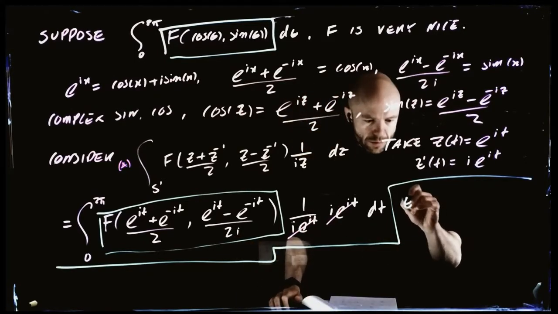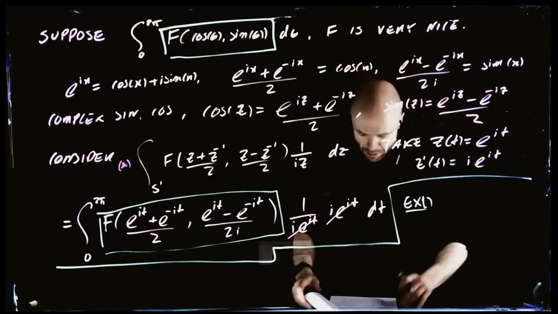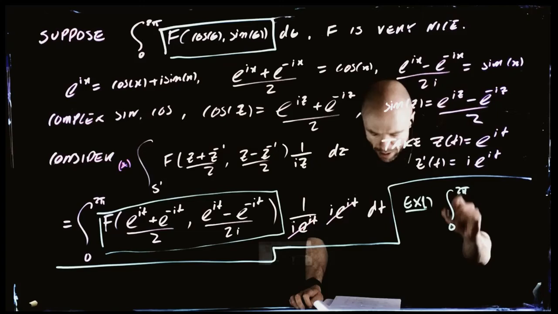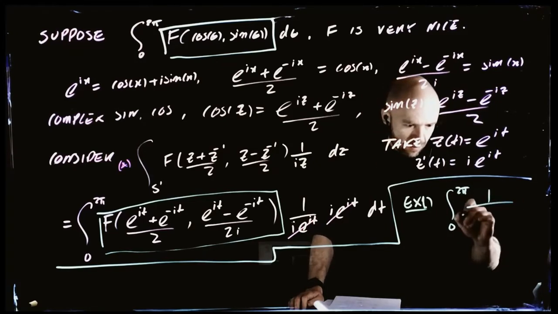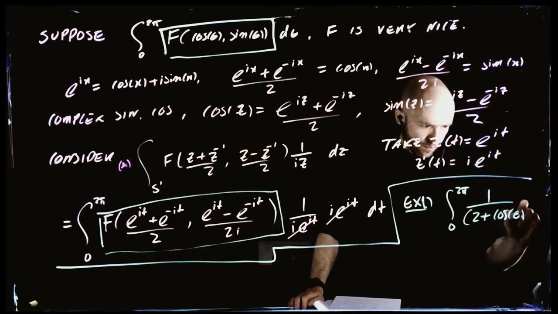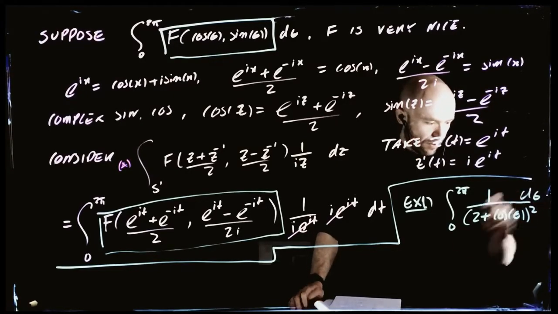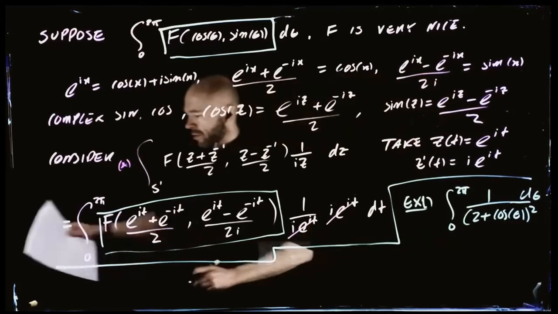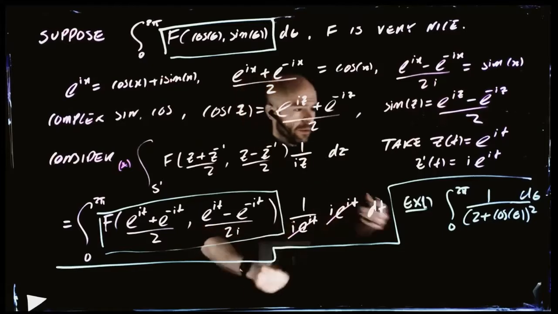Example 1. Let's integrate from 0 to 2 pi 1 over (2 plus cosine of theta) squared d theta. And notice that we are indeed out of the realm of stuff that we can apply.